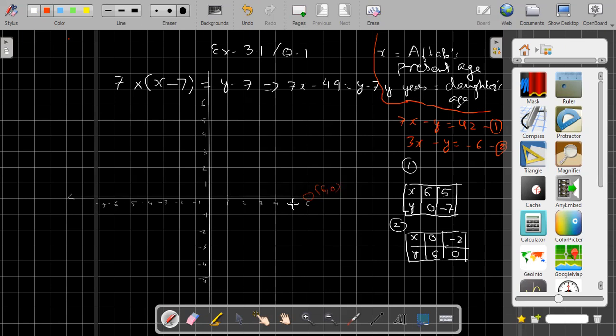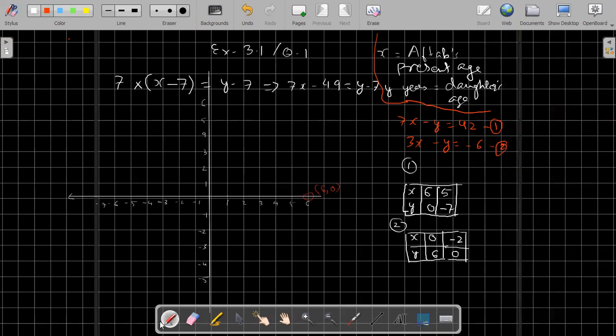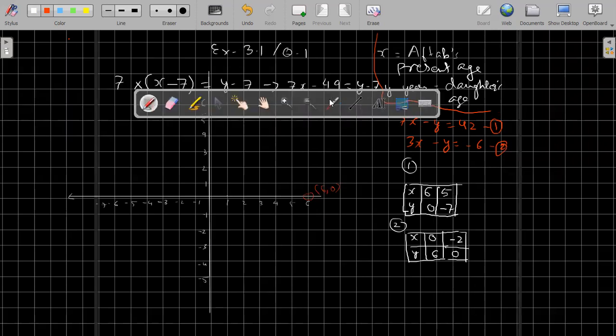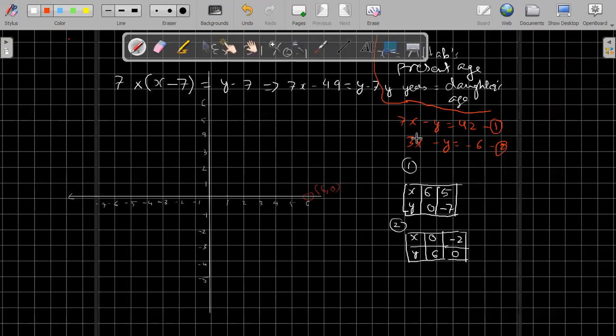Another point is x is equal to 5, y is equal to -7, -5, -6, and -7.